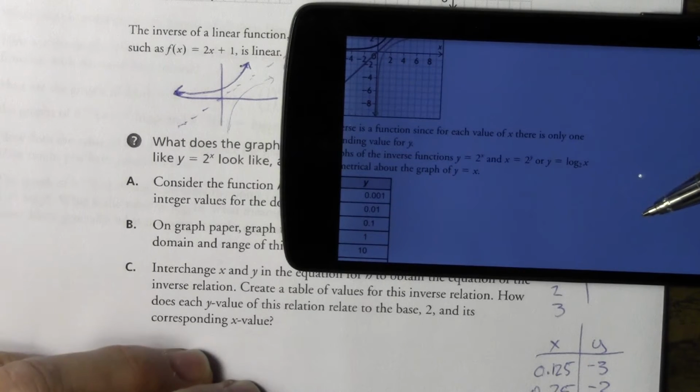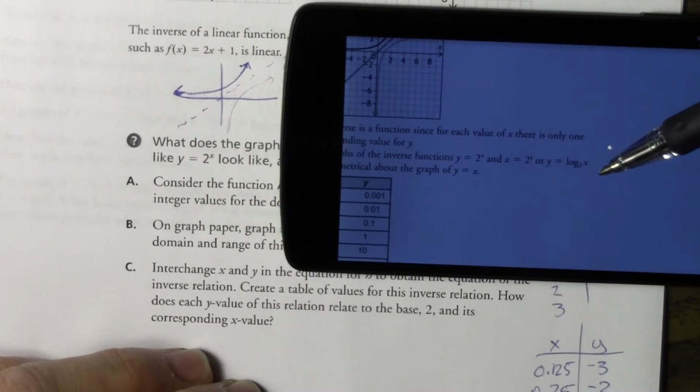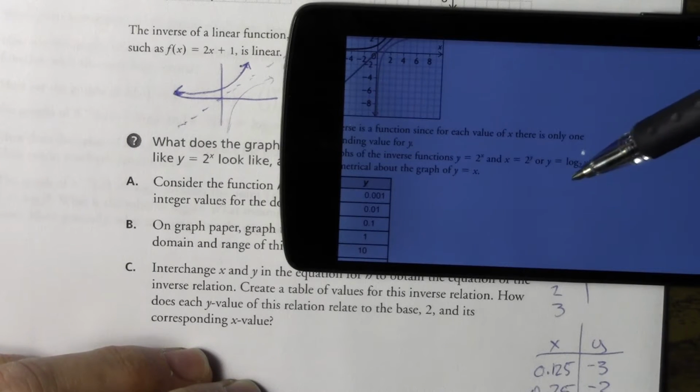Now that was a lot I said there, so I'm going to say it one more time. This value y, log base 2 of x, is equal to the exponent I need to raise 2 to, to get the value of x.